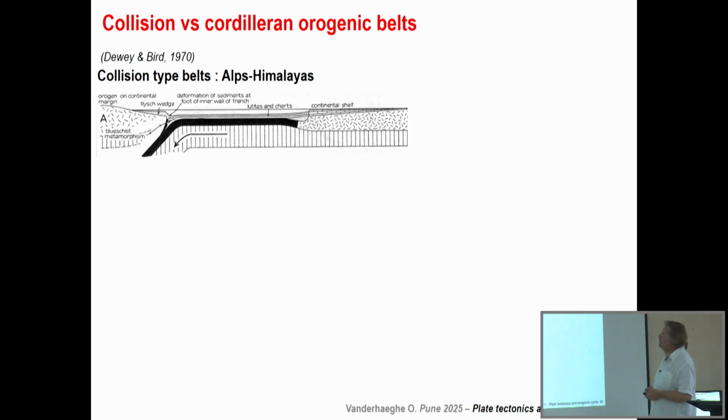So it required the input of geologists. Dewey and Bird put together the first compelling integration of orogenic belts in the frame of plate tectonics and defined two different types of orogenic belts.